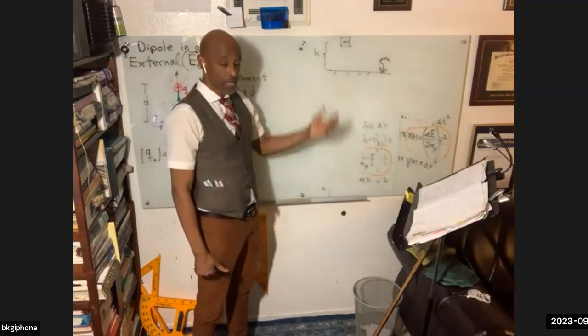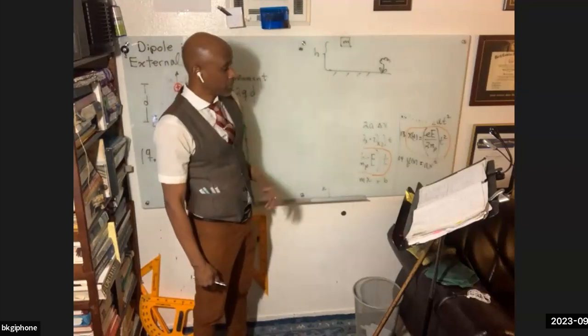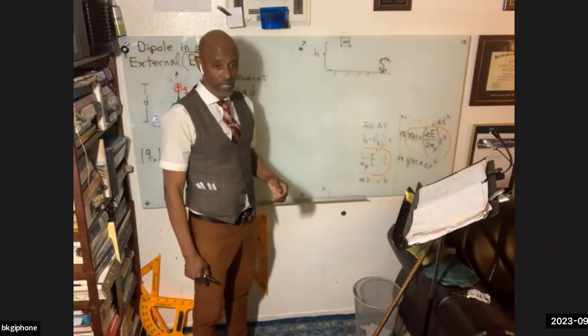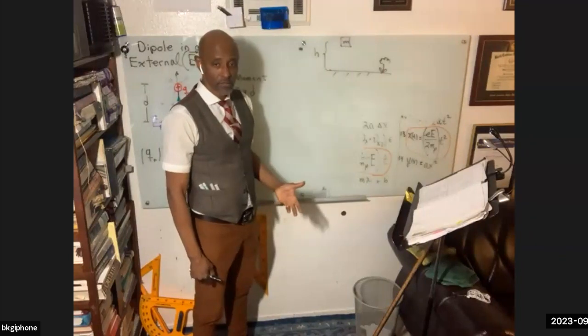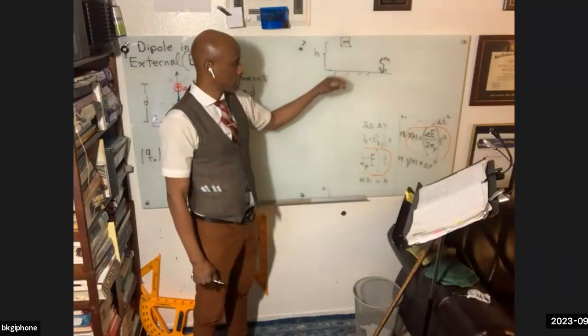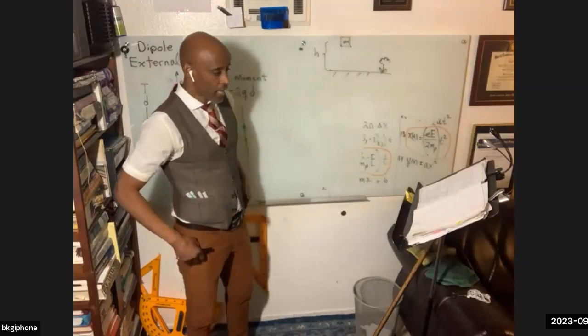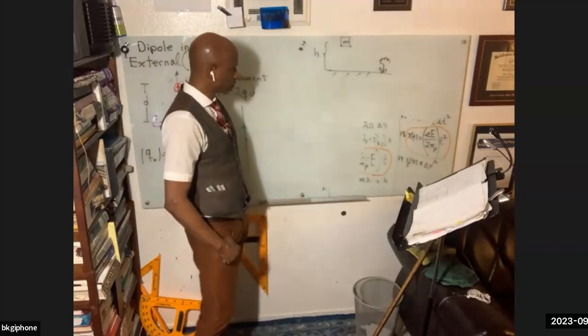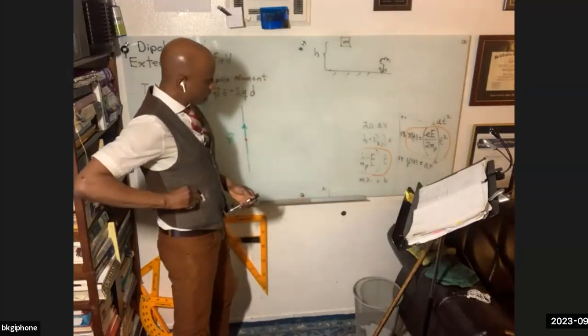I start with the mass, the height, and I drop it from an initial velocity of 0. How fast is it moving just before it hits the ground, and what is the time it takes to fall?